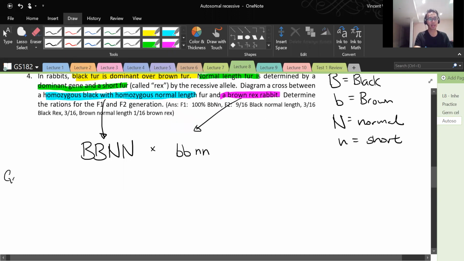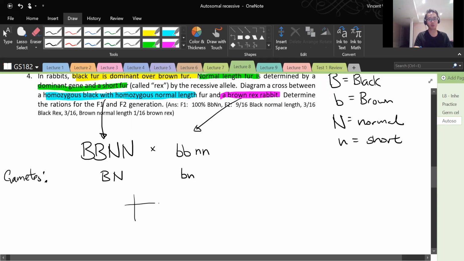So what about the gametes? Okay. What are the gametes from this one? Well, there is really only one possibility. That's big B and big N, right? Over here, there's only one possibility. Small b, small n.